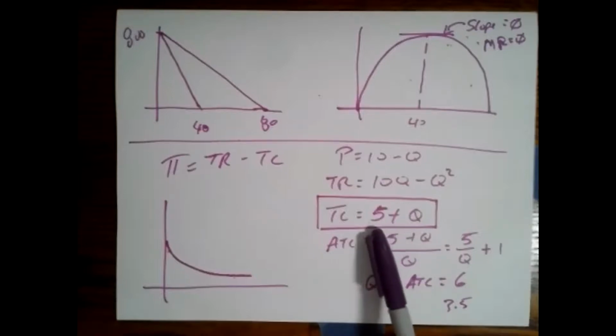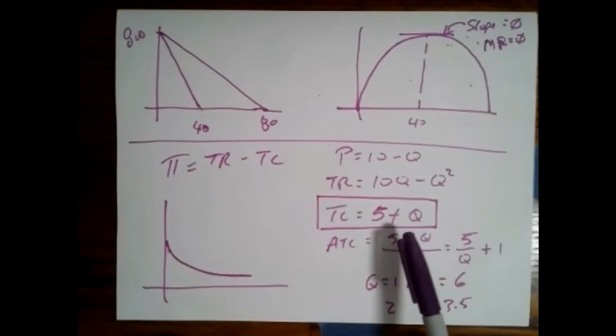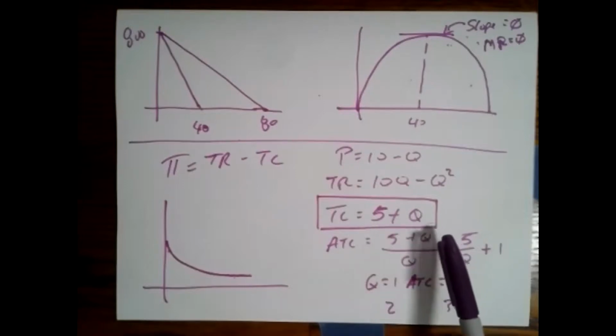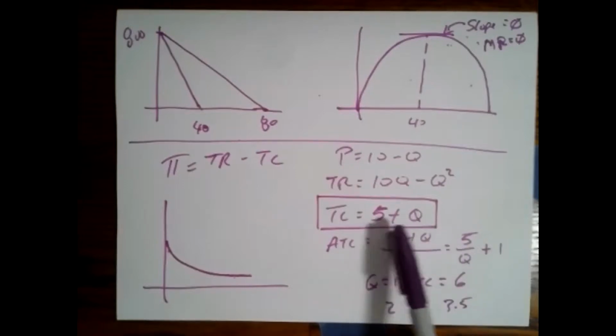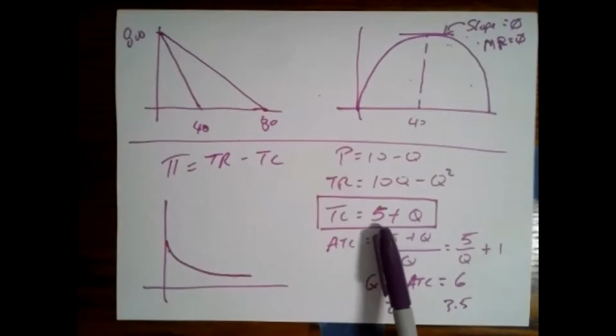Well, to go from making 1 to making 2: making 1 costs 5 plus 1, which is 6. Making 2 is 5 plus 2, which is 7. So going from 6 to 7, that's a change of 1.